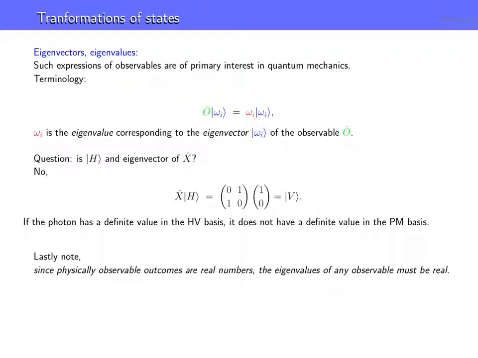And that's a constraint that's going to limit the range of possible operators that can represent physical observables. The eigenvalues have to be real. Okay, this is to get us going. We'll talk about particular types of operators in the next lectures, and now we almost have the entire mathematical formalism at hand.